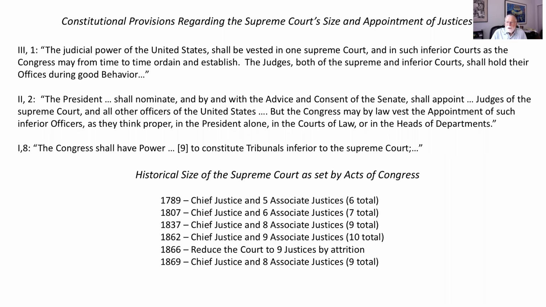Now that says two things. One is the writers of the Constitution did not decide how big the court was going to be. They left that to Congress because at the very beginning, they understood that the country would probably expand.